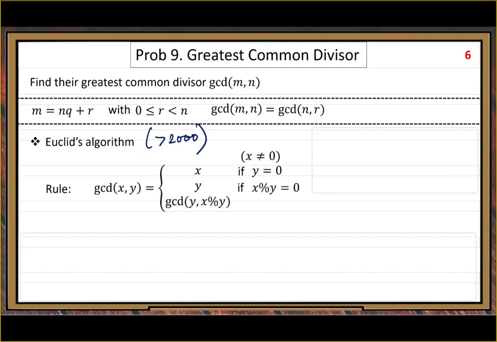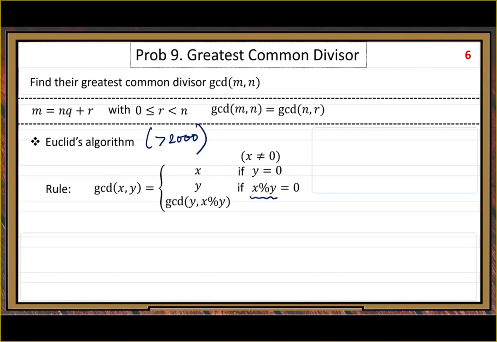If y is not equal to 0, but x mod y, the modular operator, equals 0, that means x is a multiple of y, then return y.